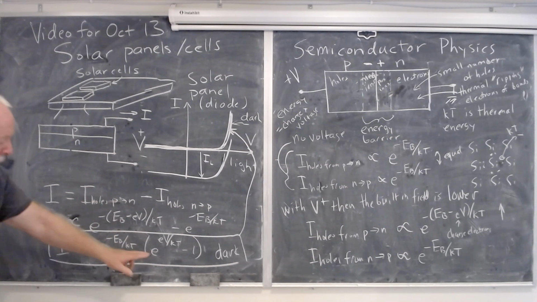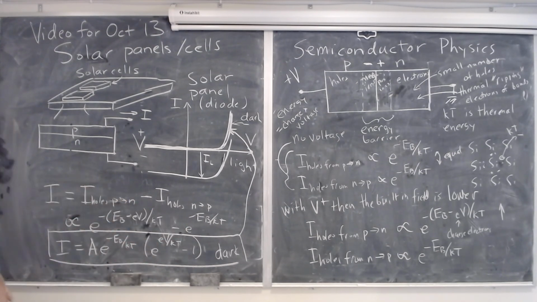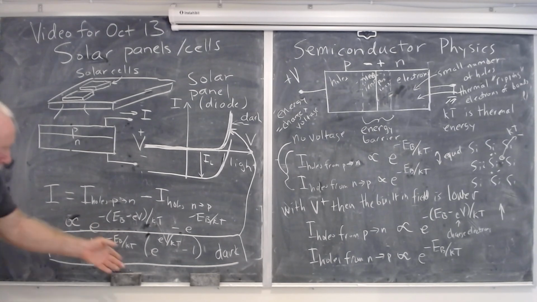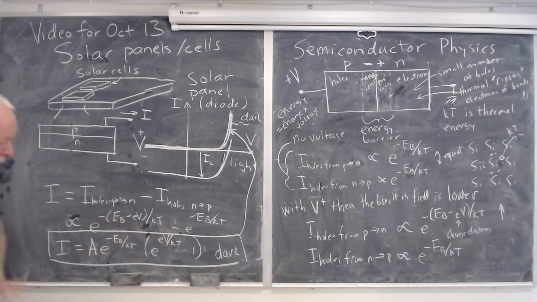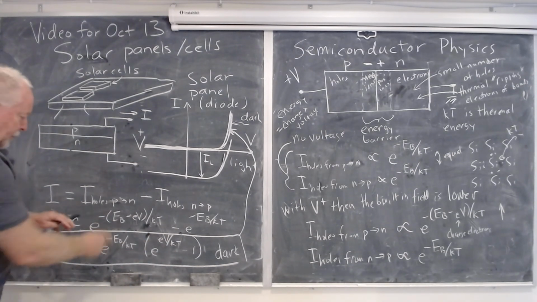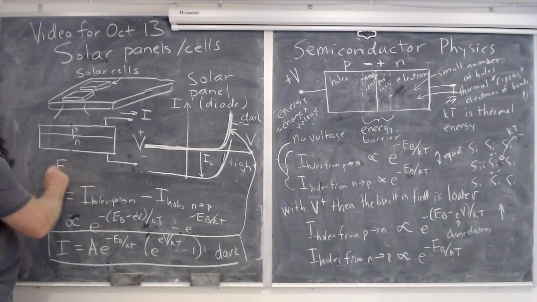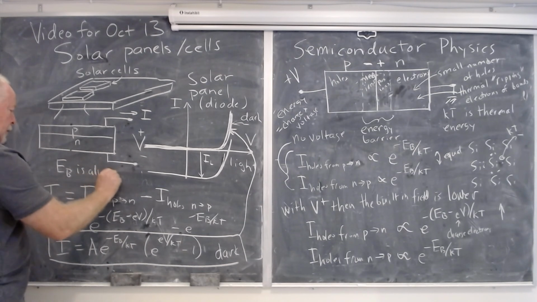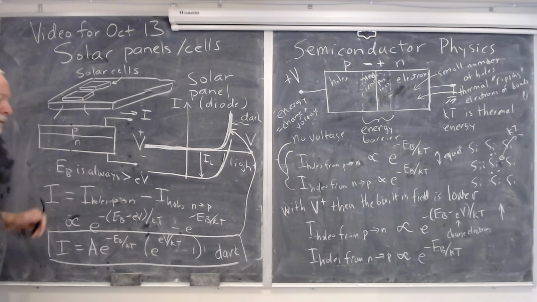If you just looked at this term here, you might think that as temperature goes up, current goes down, because that's e to the minus something and the T is in the denominator here. That's not right when you take into account the fact that EB is always greater than EV.